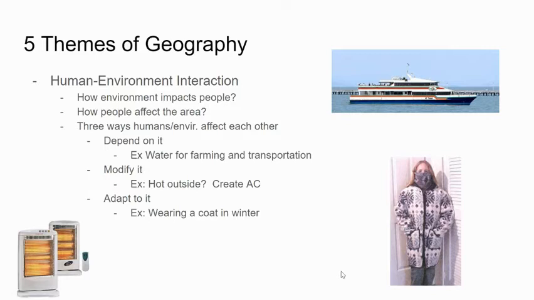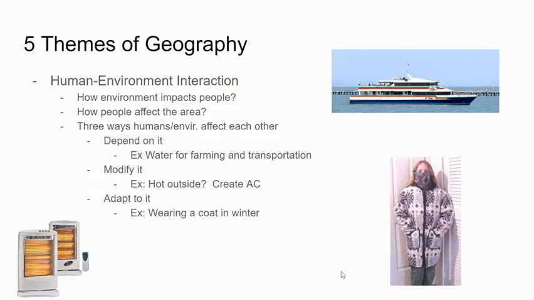Another way that we affect each other is we modify it. When we talk about modifying the environment, how do we change our environment? So the example I have here is if it's hot outside, well, turn on your air conditioning. We are modifying the temperature inside of our house. If it's cold outside, turn on your heater.